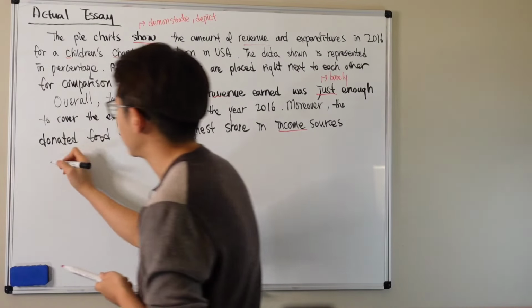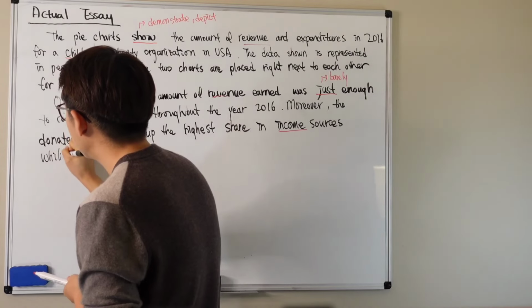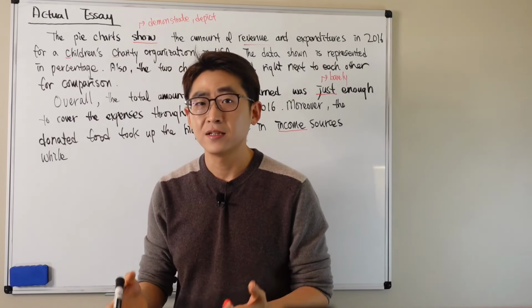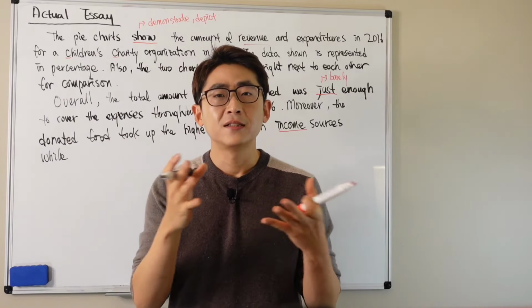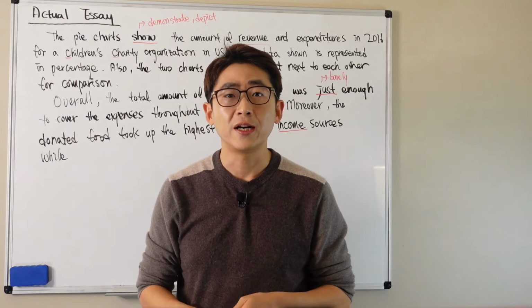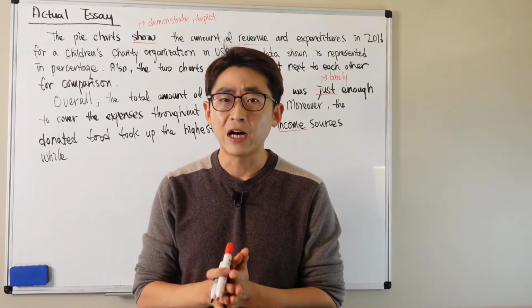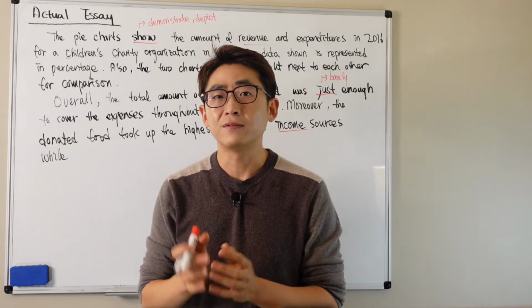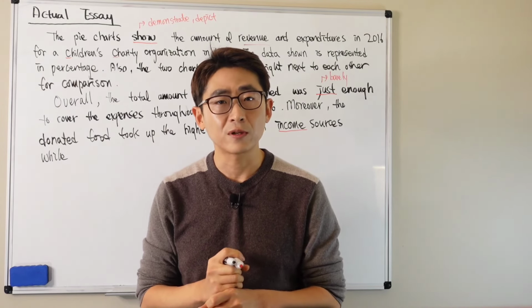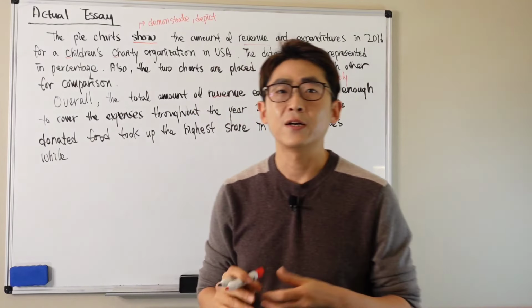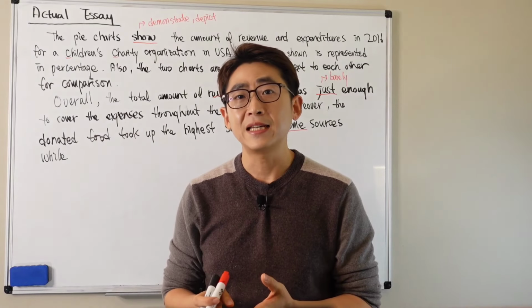And then we can also say while, because we are doing a comparison. In the expenditure pie chart, 95.8% of all the money was spent on program services, right? So we have to identify that.